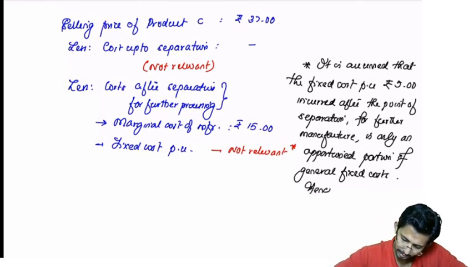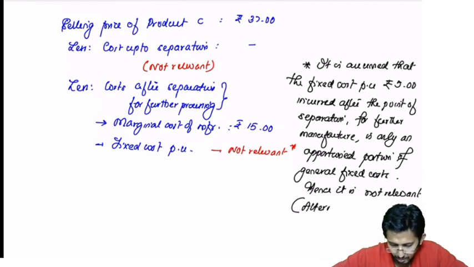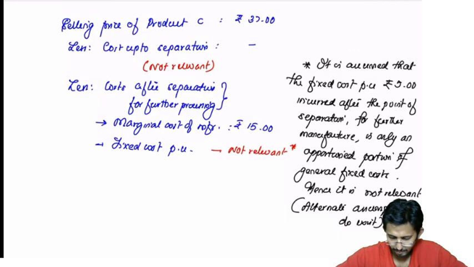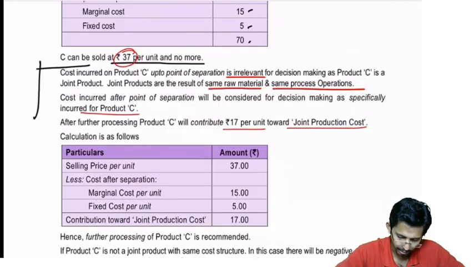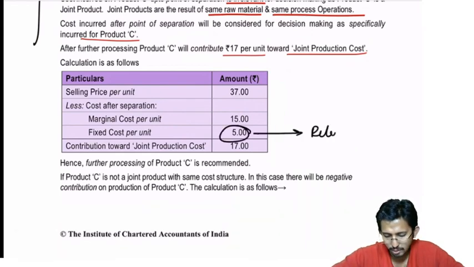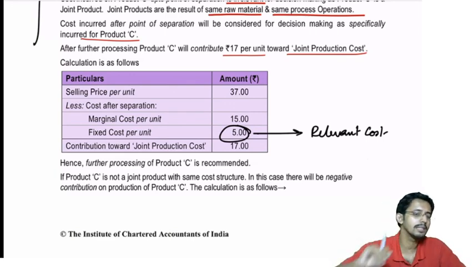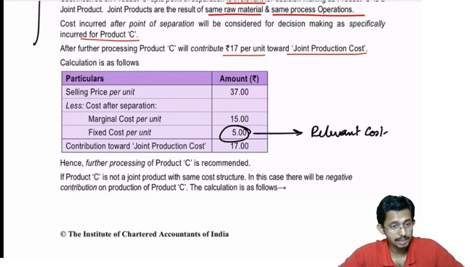Hence, it is not relevant. You can also write that alternate assumptions do exist. If you see the textbook, it is an altogether different assumption. Here they have considered this fixed cost per unit as a relevant cost, but as a general principle, if nothing is specified, any fixed cost has to be taken as an apportioned fixed cost which does not vary with respect to the decision taken. Therefore it has to be considered as an irrelevant cost.